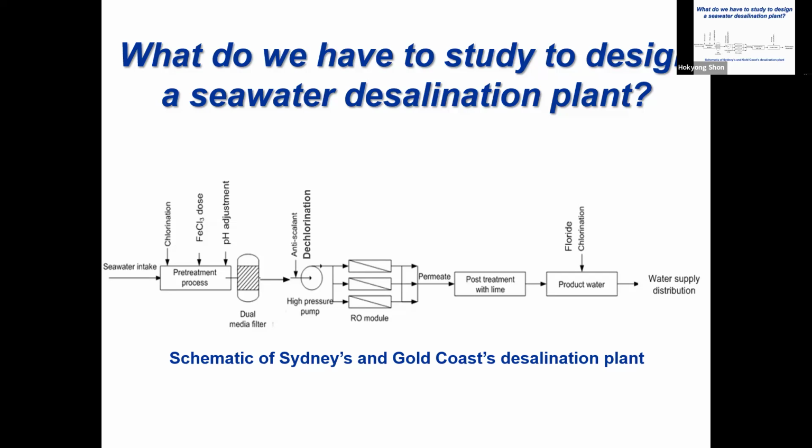After that, you have to put the anti-scalant. So you have a lot of concentrated salt. So this salt will clog the membrane and crystallize. So you create your membrane problem.